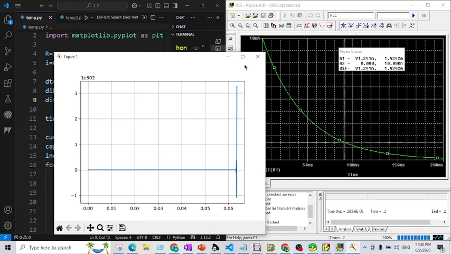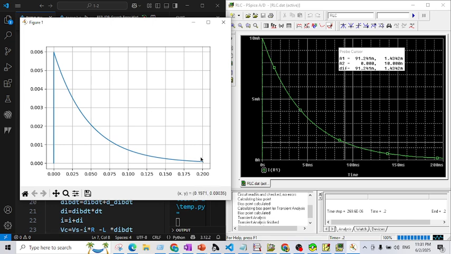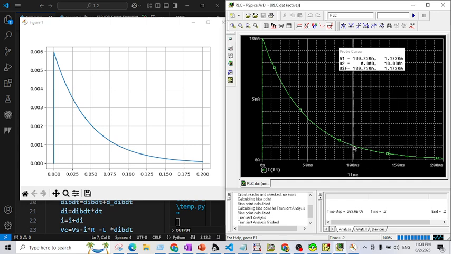Oh, what is this? I need to make this dt smaller. At 100 millisecond we have 1.899.